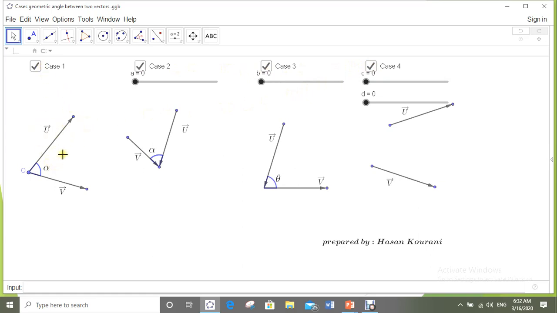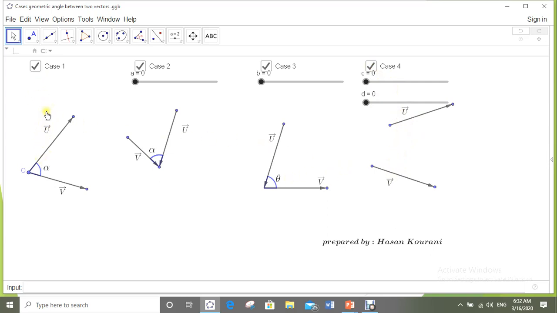In the first case, as you see, we have vectors as we need. They have the same origin. In the second case, they have the same extremity. In the third case, we have the extremity of the first at the origin of the second vector. And in the last case, we have two vectors that are apart from each other.